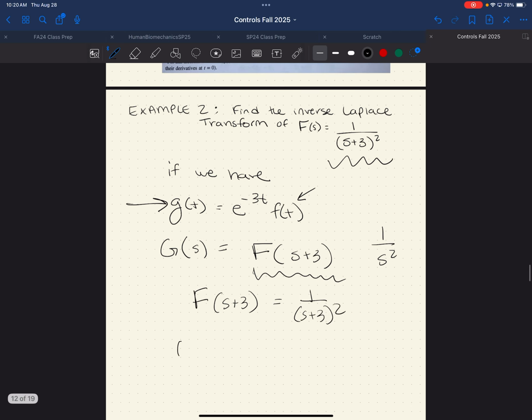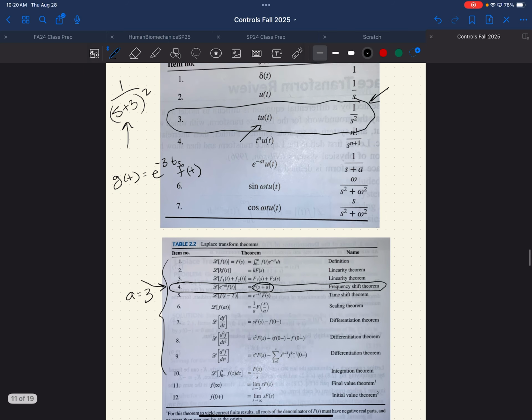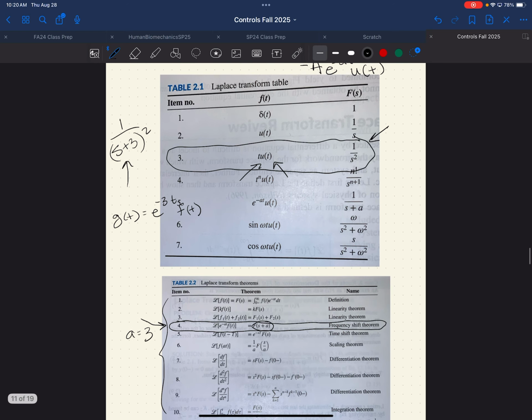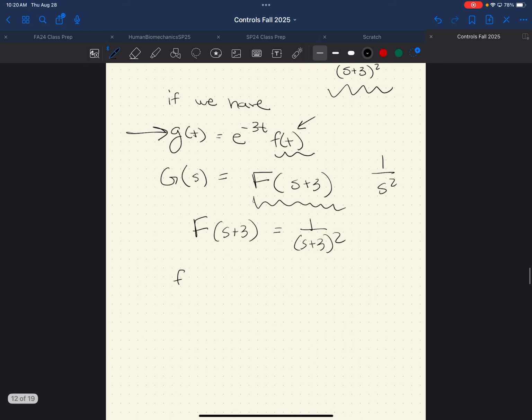So our f up here must be whatever this inverse is: t u of t. Okay, so let's plug that in and see what it looks like. Let's say f of t equals e to the minus 3t times u of t.